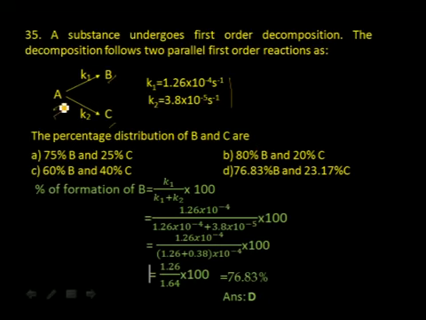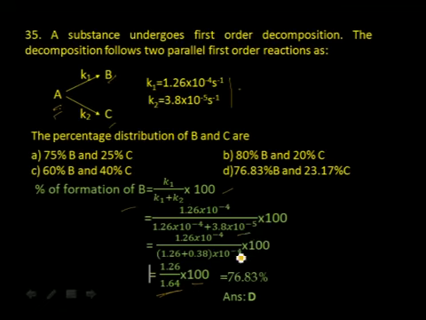So the percentage formation of B is given by K1 by K1 plus K2, where K1 represents the rate constant for conversion of A to B and K2 represents the rate constant for conversion of A to C. K1 by K1 plus K2 into 100, if you substitute the values of K1 and K2 here and simplify it, it would be ultimately equal to 1.26 by 1.4 into 100, because the value of K2 is 10 power minus 5.